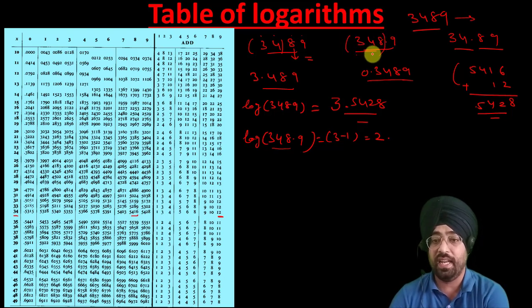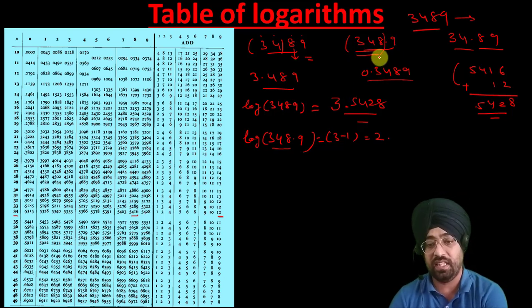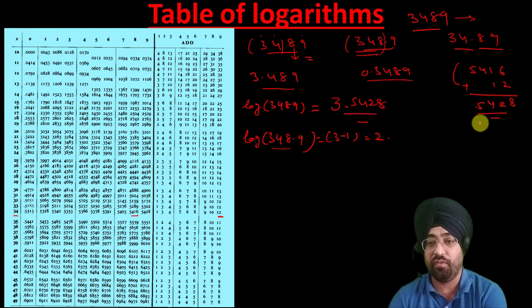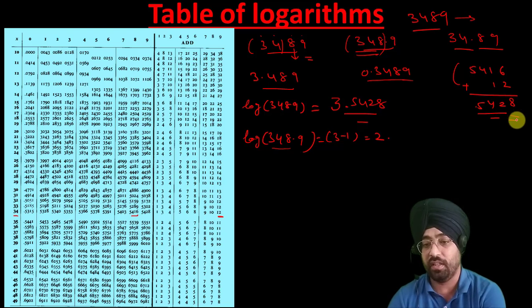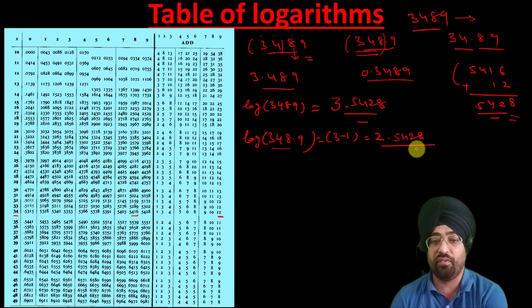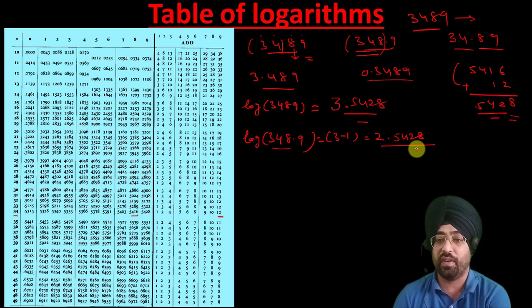This 348 will only correspond to our characteristic. So it is a 3-digit number, so its characteristic becomes 3 minus 1, 2. So its log will be 2 point, and 3489 we have already found the value, it is 5428. So its value is 2.5428.